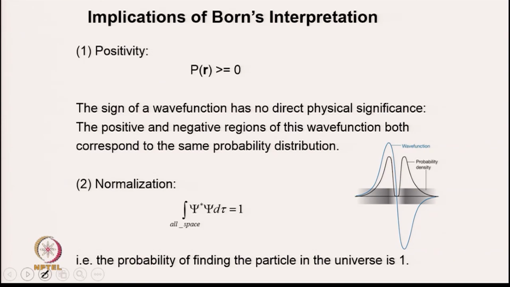The second thing is that if you integrate psi star psi d tau over all space, it should be equal to 1, and that is not very difficult to understand, because the probability of finding the electron from minus infinity to plus infinity is going to be 1, since the probability of finding the particle in the universe is 1, and that is what psi should follow.